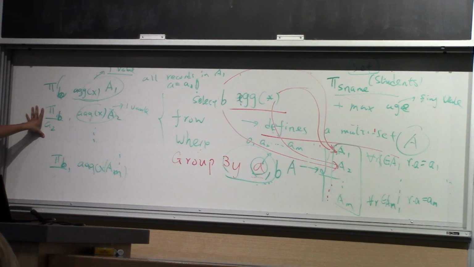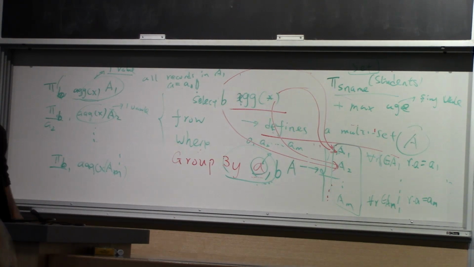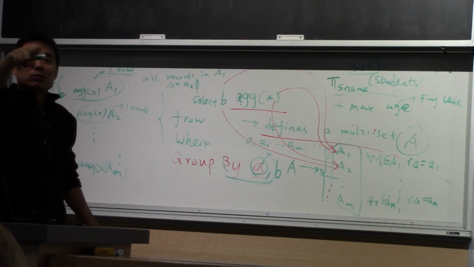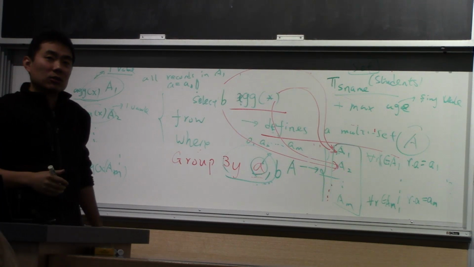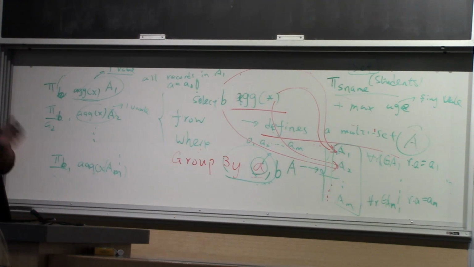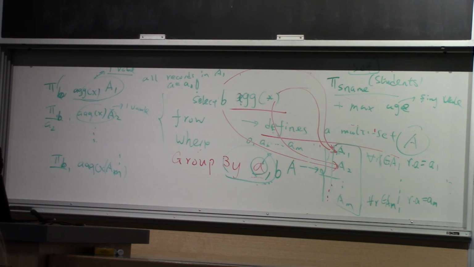I'm going to say no. What about the rest? You said yes, so I will ask you to continue. Why can you project out B if you group by A and B? Because for each of those partitions, if you project out B, it's guaranteed to be a single value.